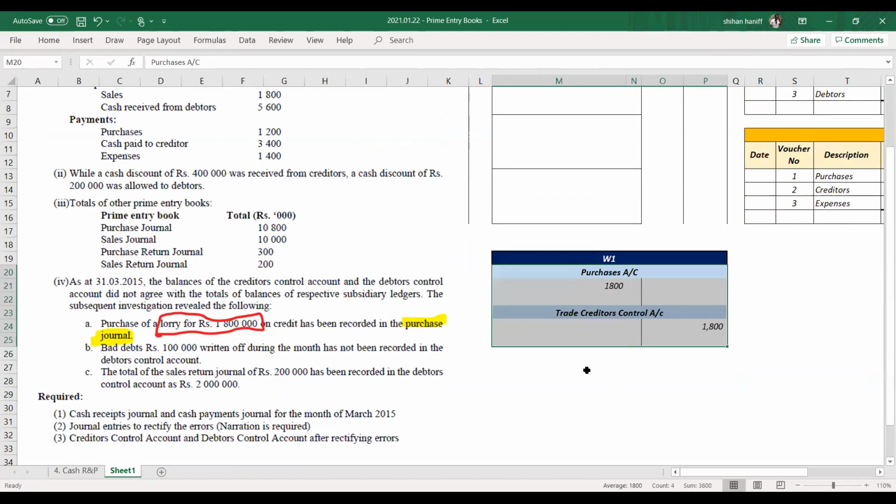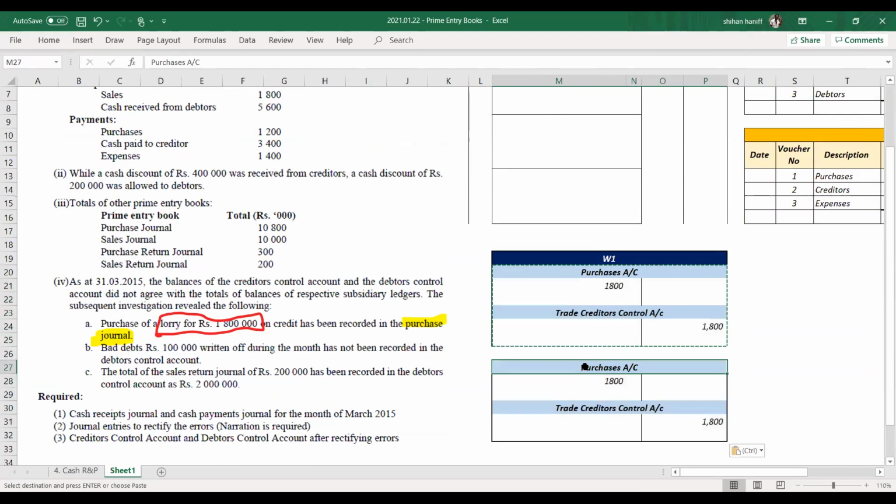This is the purchase of a motor vehicle. So the correct double entry should go to motor vehicle account and creditors, or we can say payable for motor vehicles.